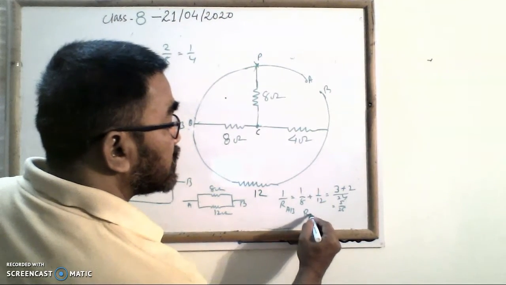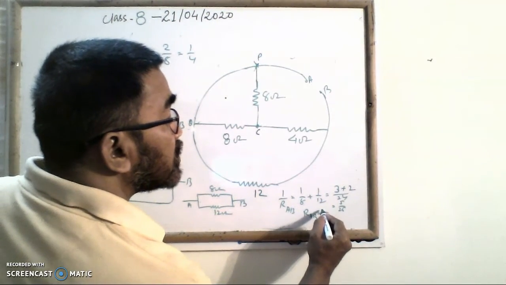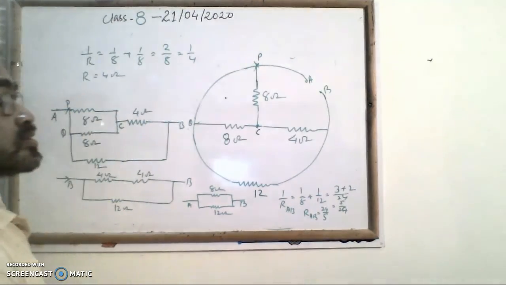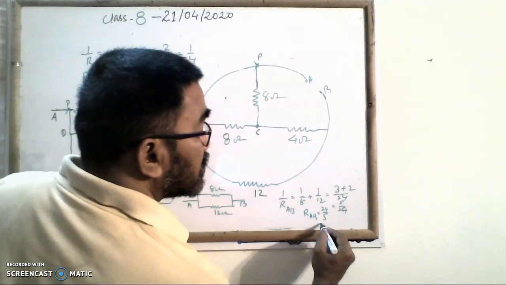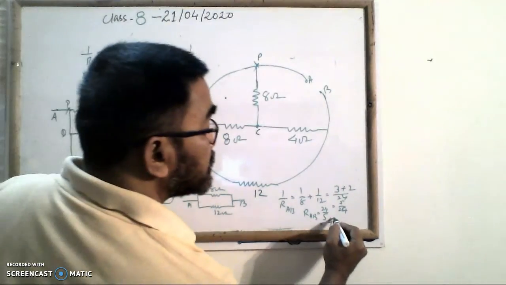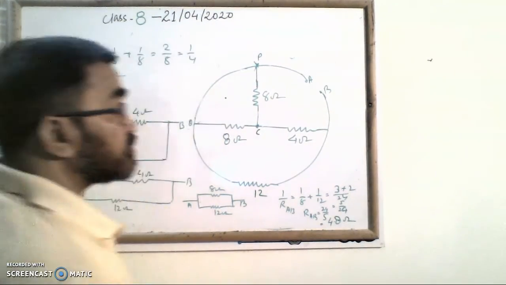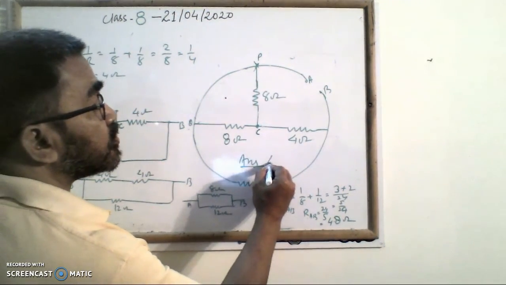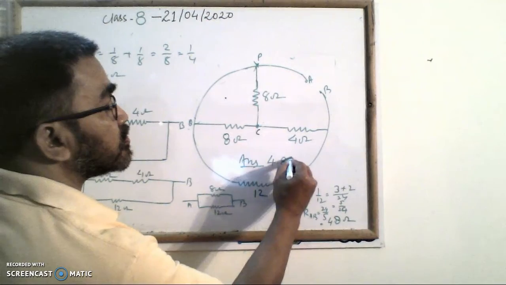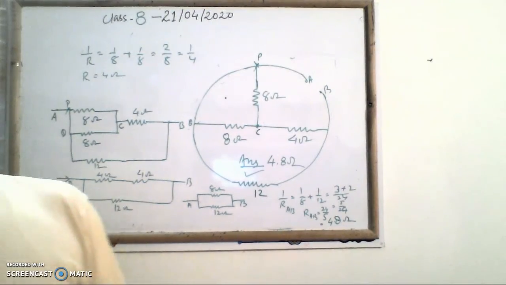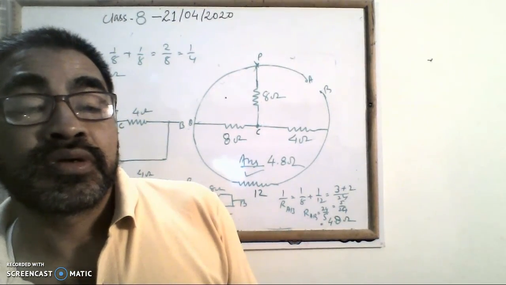So RAB is equal to 24 by 5, which will give you 4.8 ohm. So the final resistance, the answer, is 4.8 ohm. This is the correct way to find the equivalent resistance of this type of circuit. Okay, thank you.